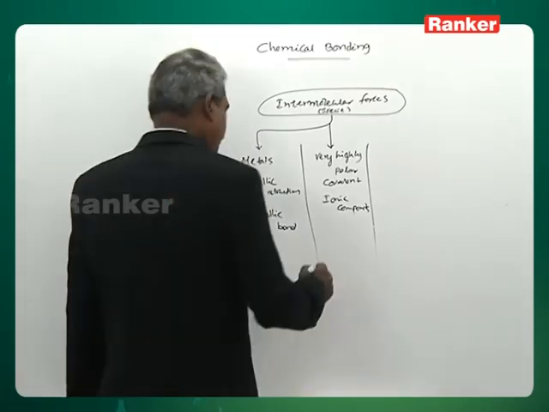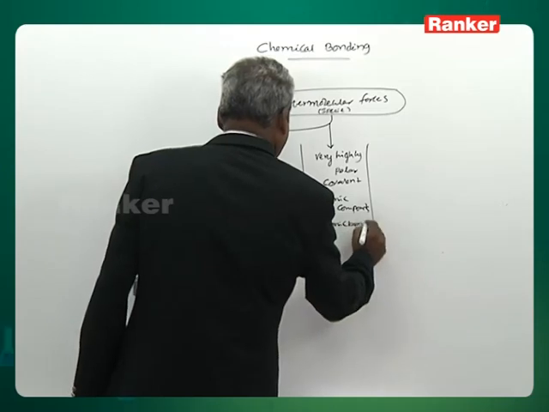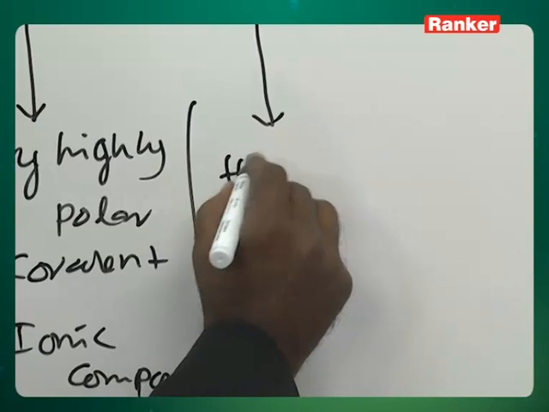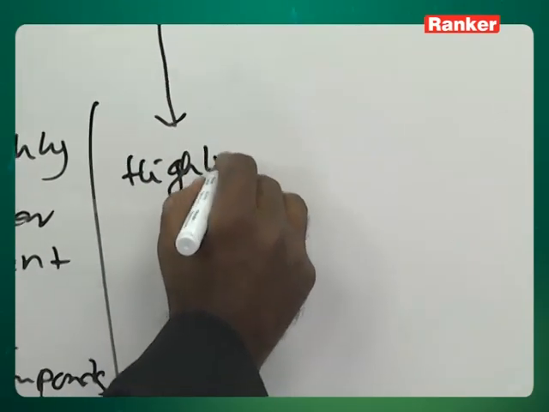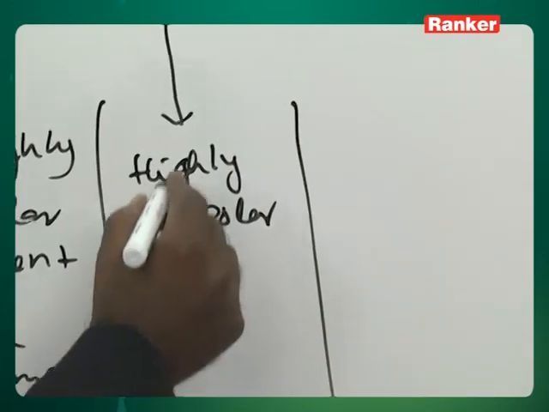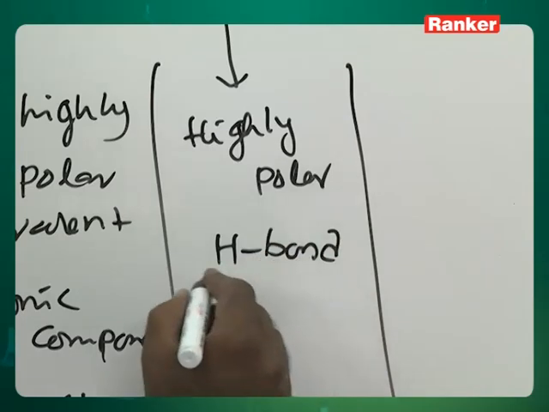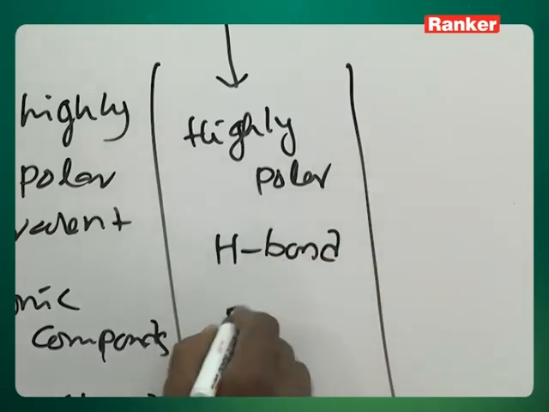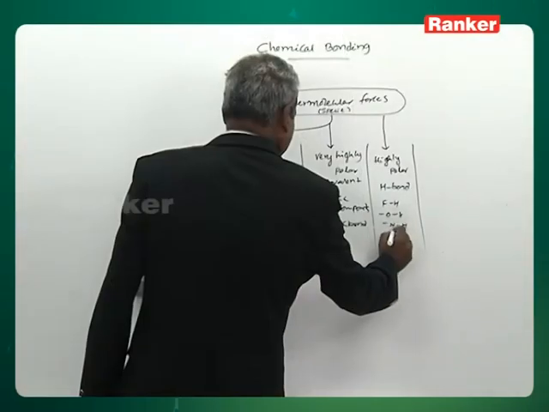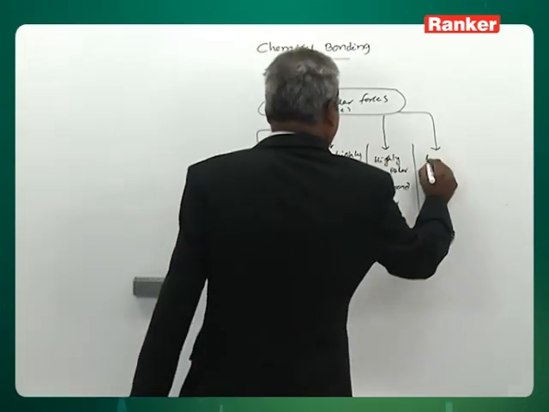Ionic compounds, and the bond is called ionic bond. And highly polar attractions, which is called hydrogen bond, and you will find hydrogen bond only when H with O, N and F are there. And the last one being less polar or non-polar.